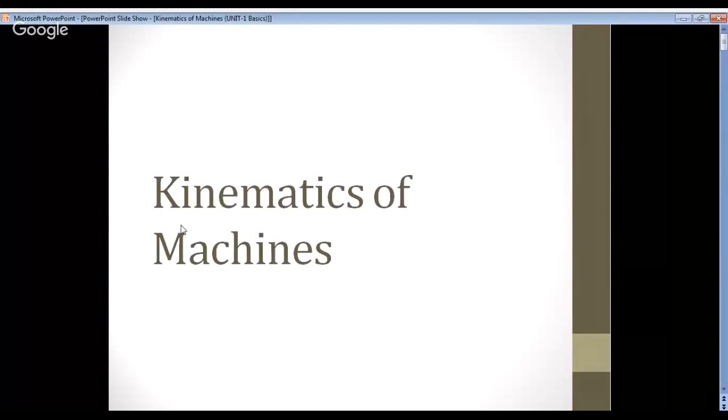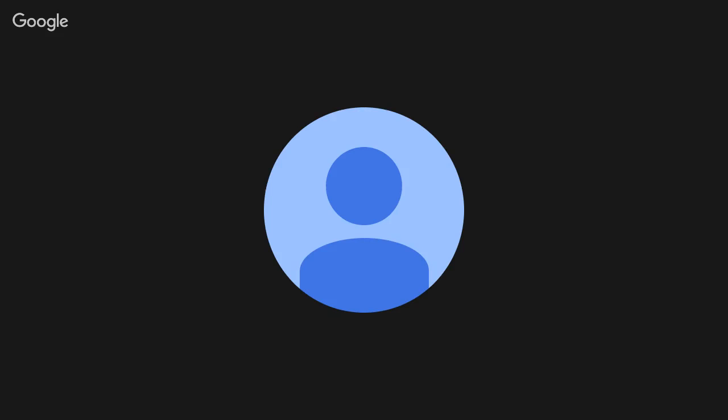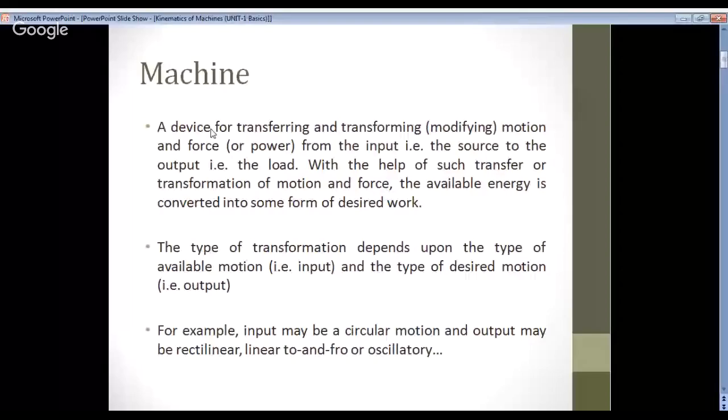So kinematics of machines is what we are going to talk about today. Let me start by defining the machine first. We come across this term machine in day to day life.